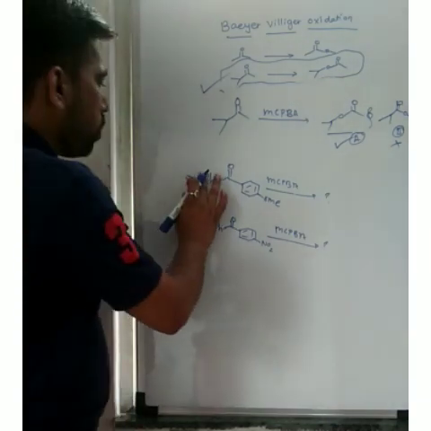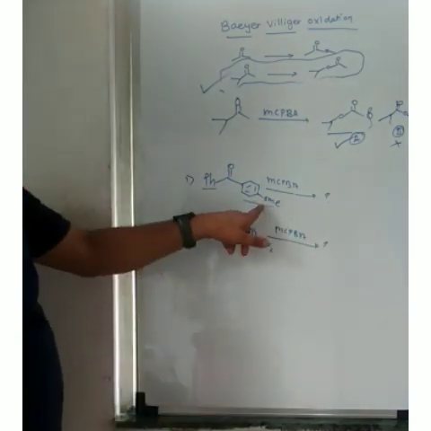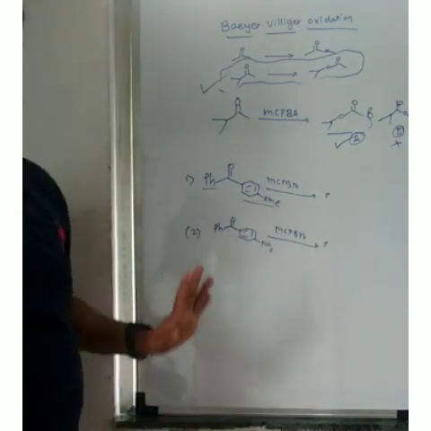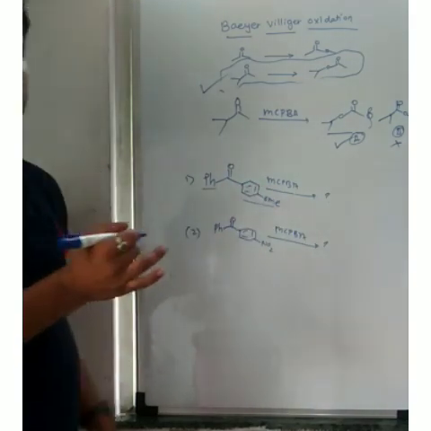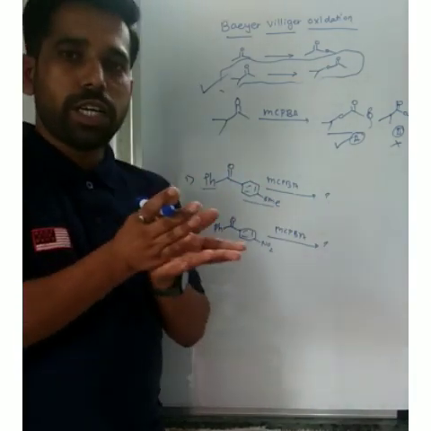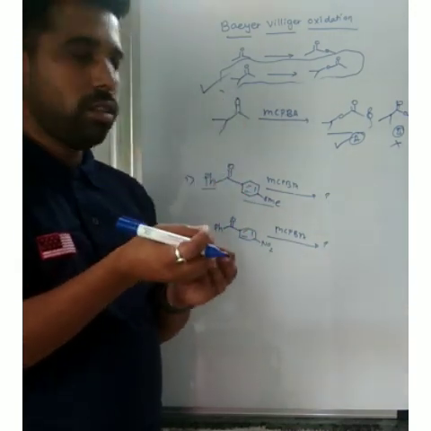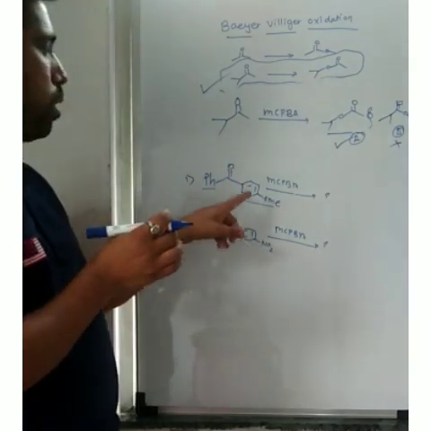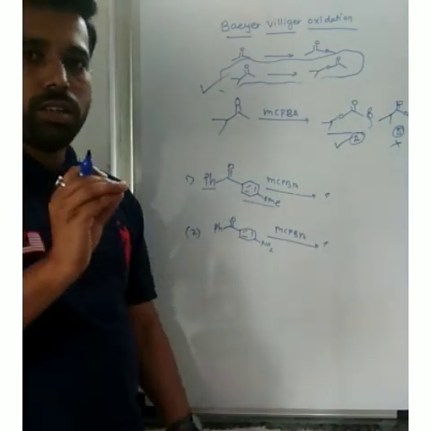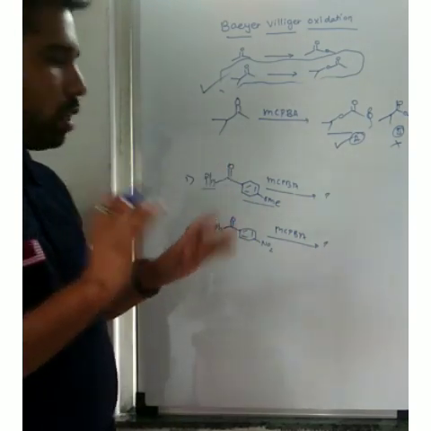Now on this side there is a phenyl group and this is the para-methoxyaryl. The electron donating group, which can stabilize the positive charge in the Baeyer Villiger oxidation reaction, is the group that migrates. Those groups which stabilize the positive charge in the transition state migrate.